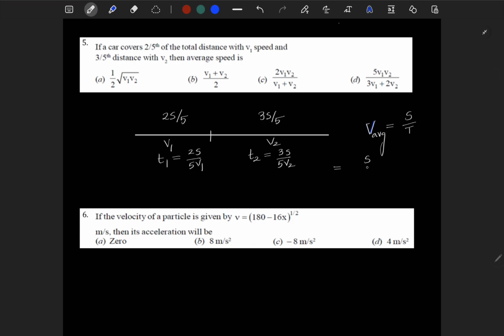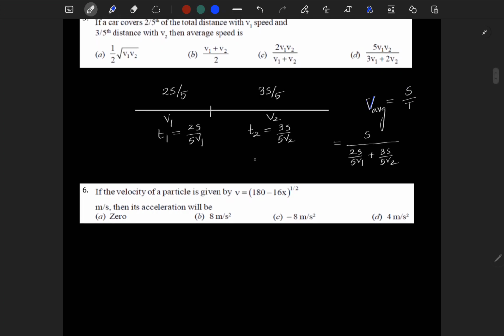So total displacement is s, and total time taken is the sum of these two: 2s upon 5v1 plus 3s upon 5v2. So you can cancel s, and you're left with, I think I'm writing it here. Also you can take 5 outside.